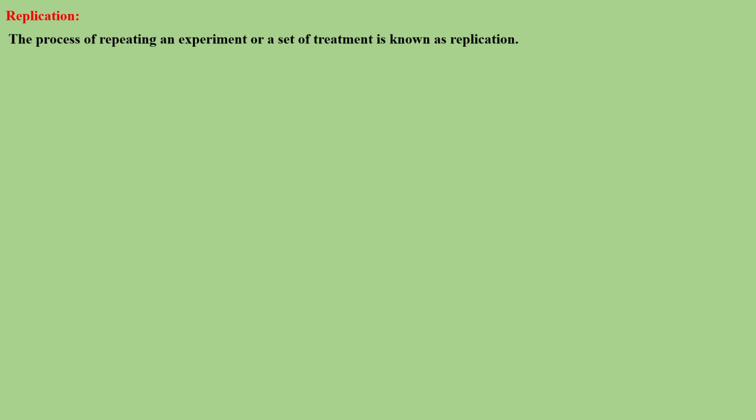If you are doing a practical experiment, say in a paddy field, and you give the same treatment to the same field, the yield will be different. It will not be the same. That is what replication is, repeating the treatments or the total experiment.